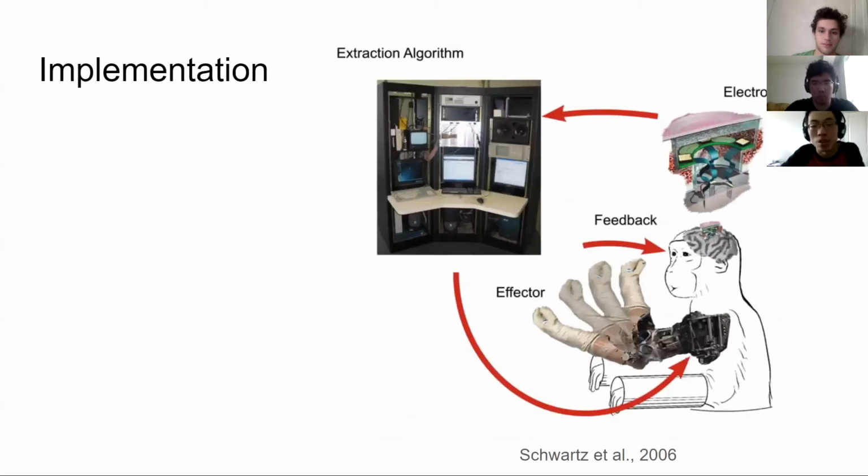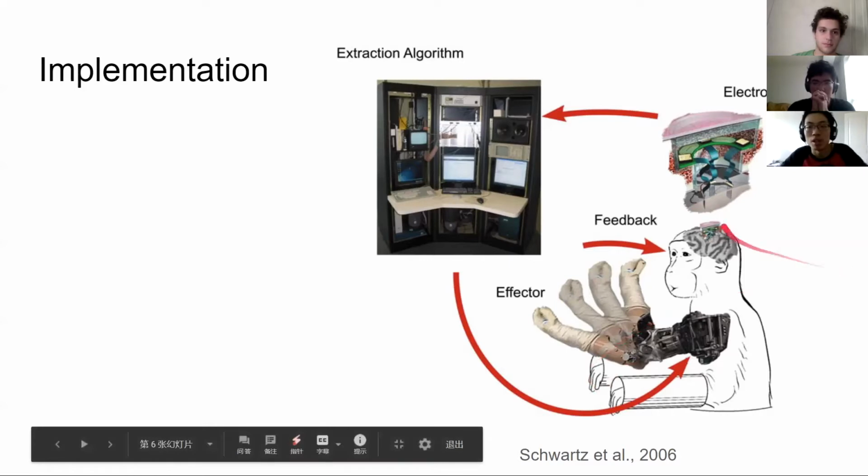Okay, next I'm going to talk about the engineering implementation of the BMI system. This diagram shows the framework of all the parts of the system. First, there's a neural signal.